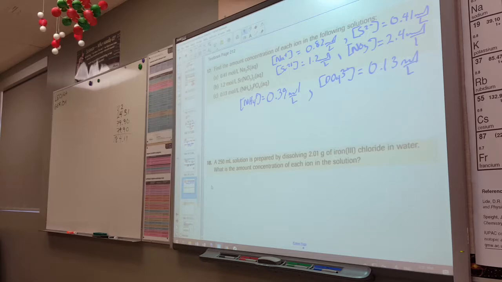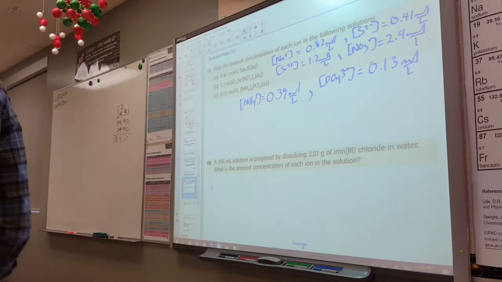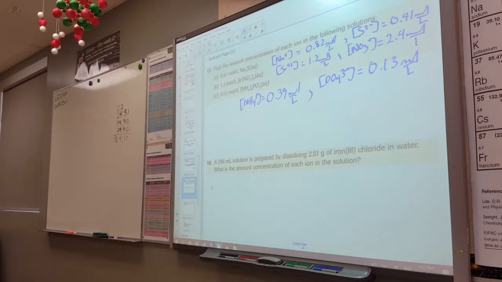Because it said meters there. So you'll get meters from here. What time? I want to see if it's the same question.